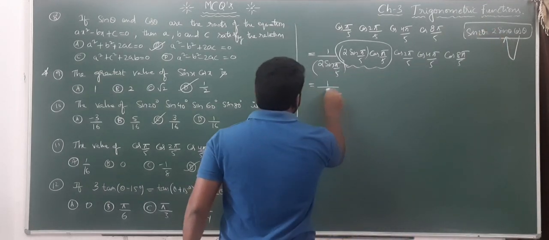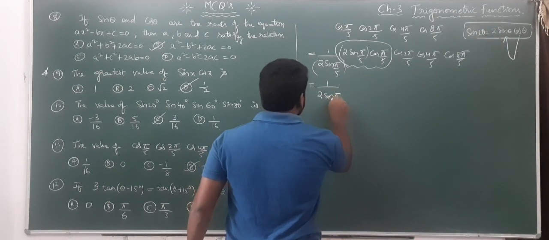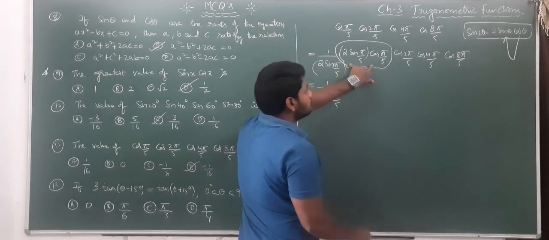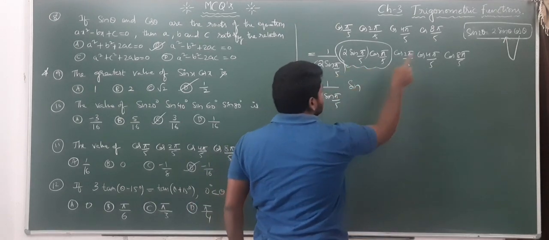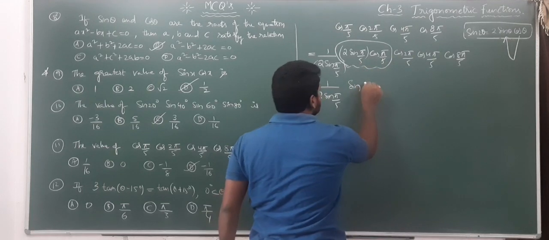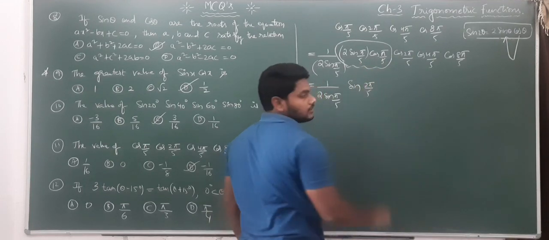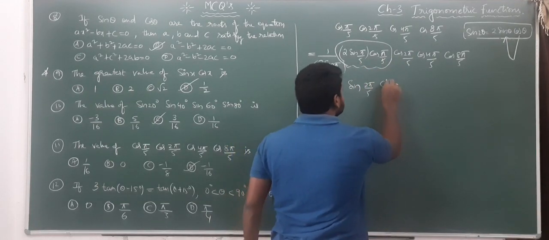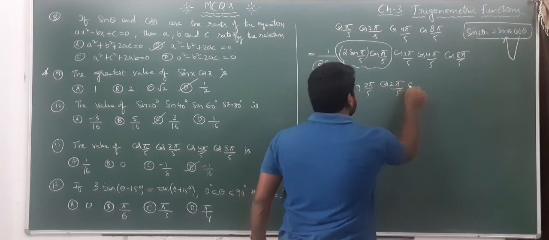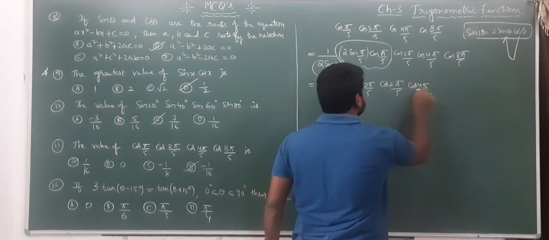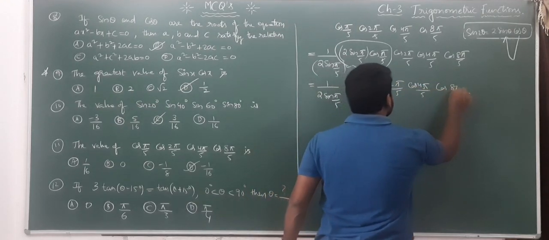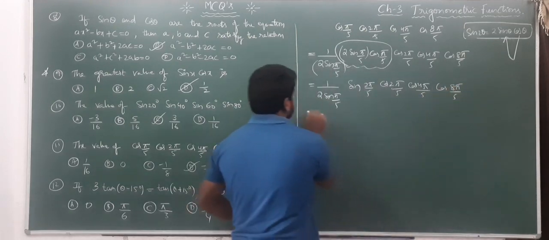So it will become 1 by 2 sin pi by 5 into sin 2 theta. 2 into what is theta? Pi by 5, which is 2 pi by 5. Into the remaining terms: cos 2 pi by 5 into cos 4 pi by 5 into cos 8 pi by 5.